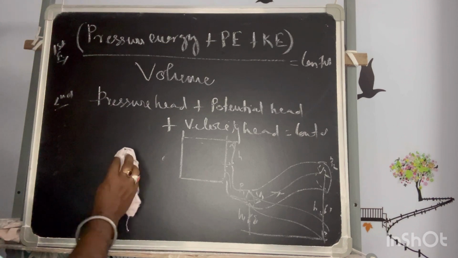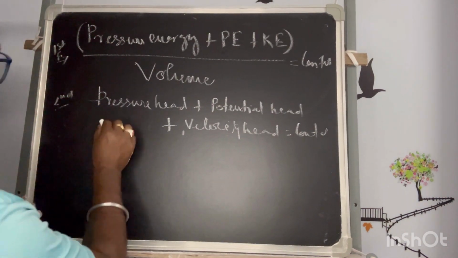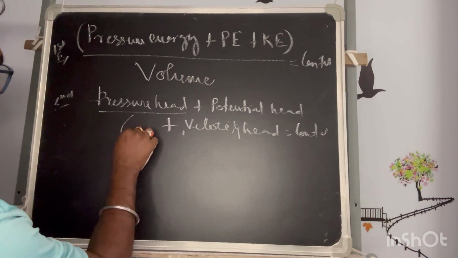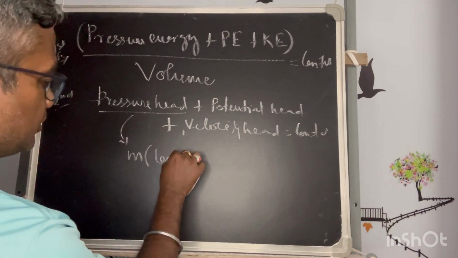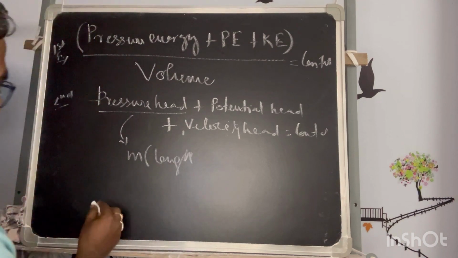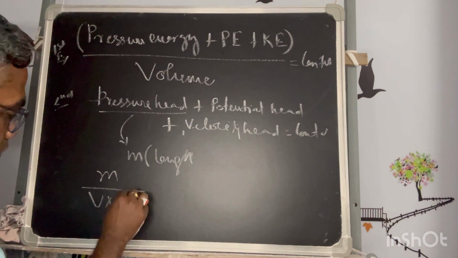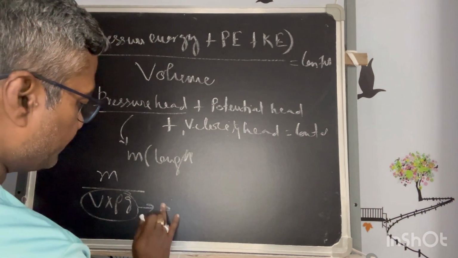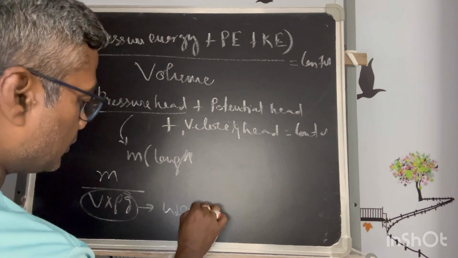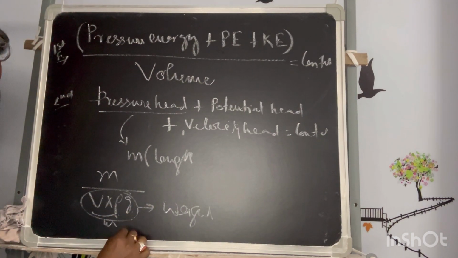Now the pressure head, even if it is given in the form of meter, a length unit, is actually meter upon volume into rho into g. So what is this part? This part is your weight, isn't it? Volume into rho is mass, mass into g is your weight.